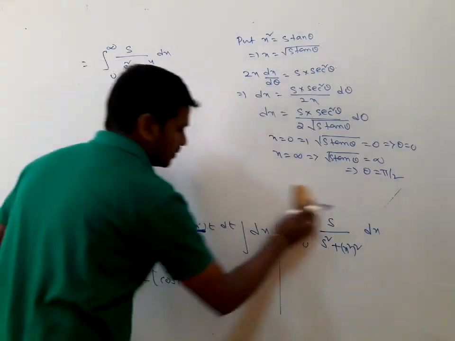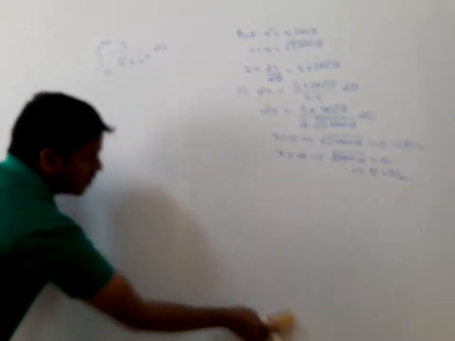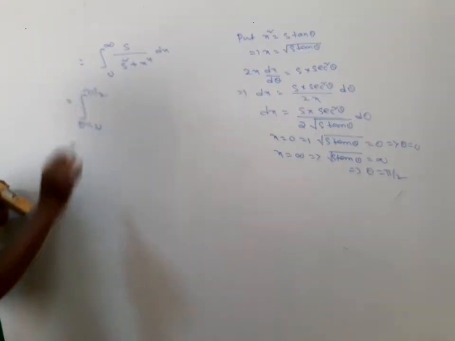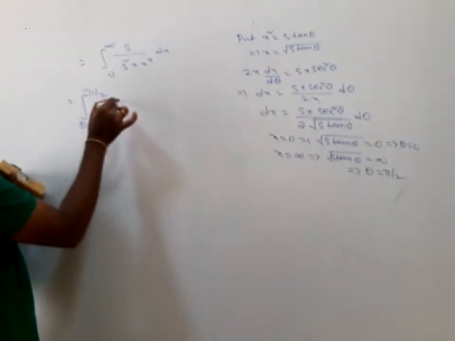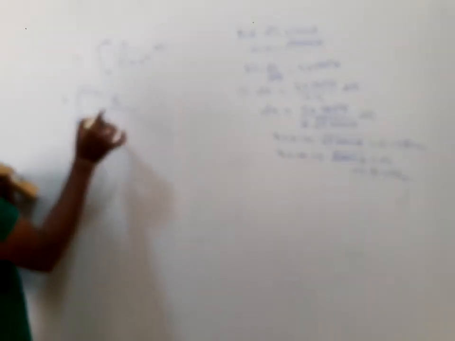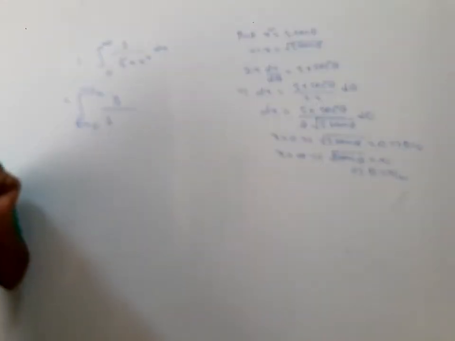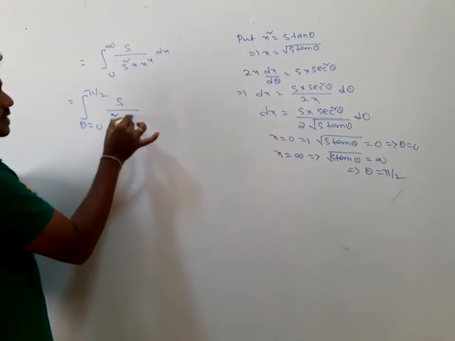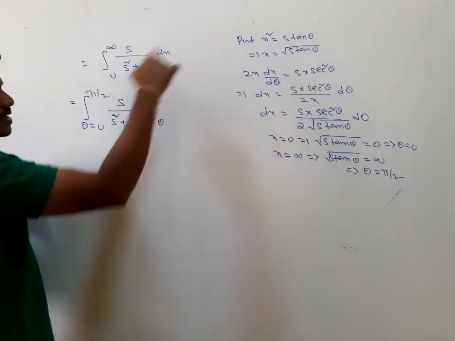Now if we use the substitution, the integration becomes integral theta is equals to 0 to pi by 2, s into s square plus x to the power of 4, that is s square plus s square tan square theta.